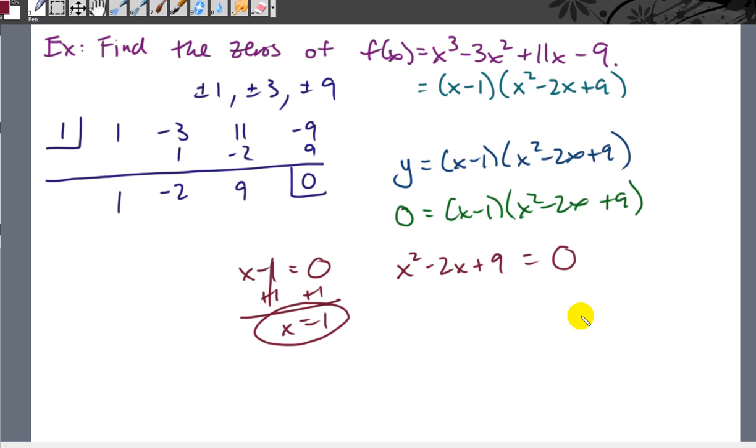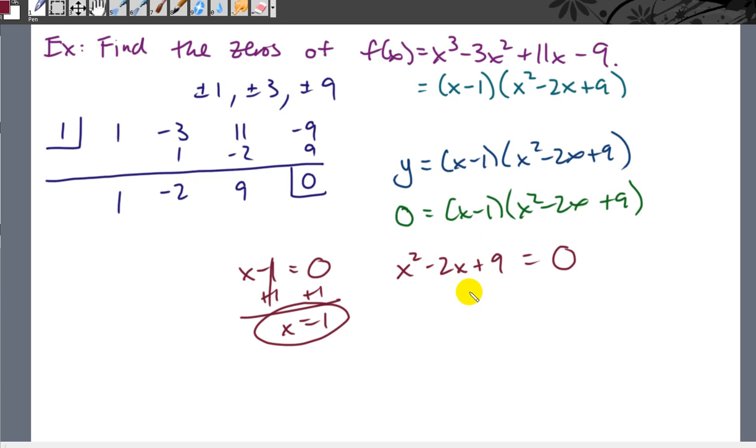We can try the quadratic formula, or maybe even completing the square. Either would work. I have a feeling probably 70% or 80% of you will end up doing the quadratic formula. So let's use the quadratic formula on this.